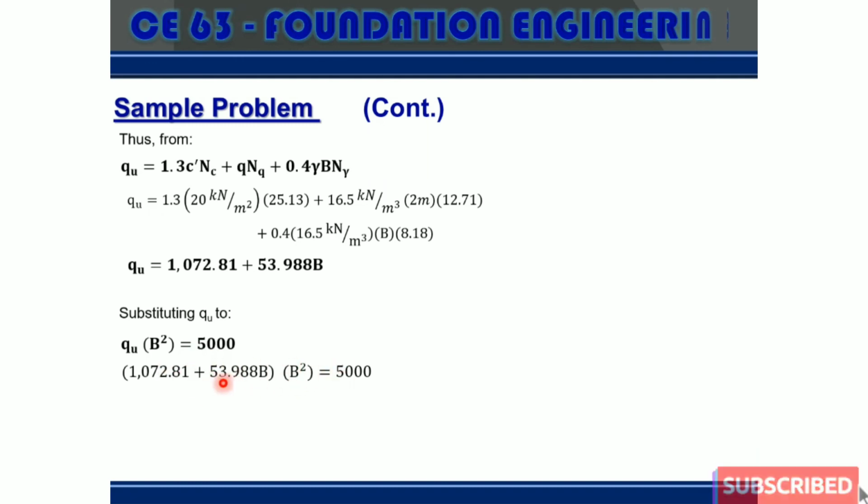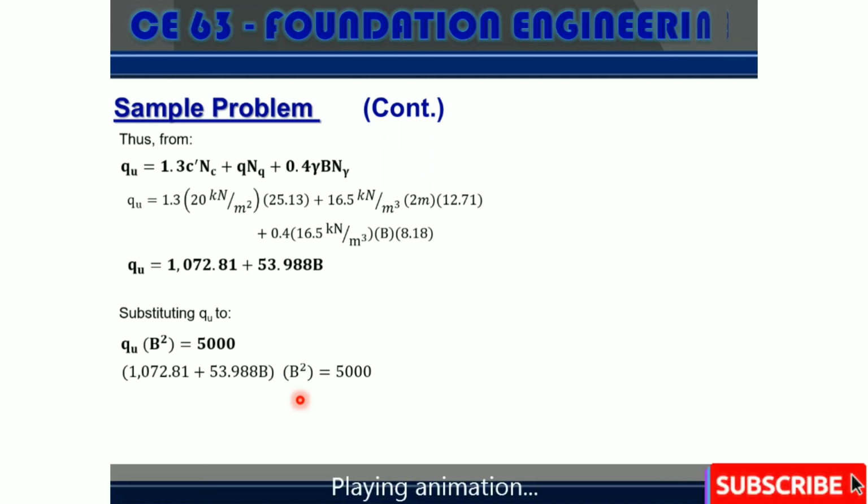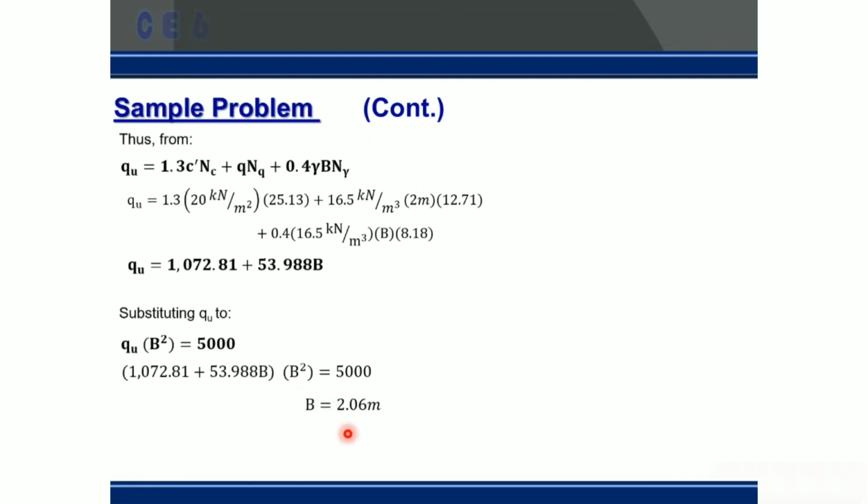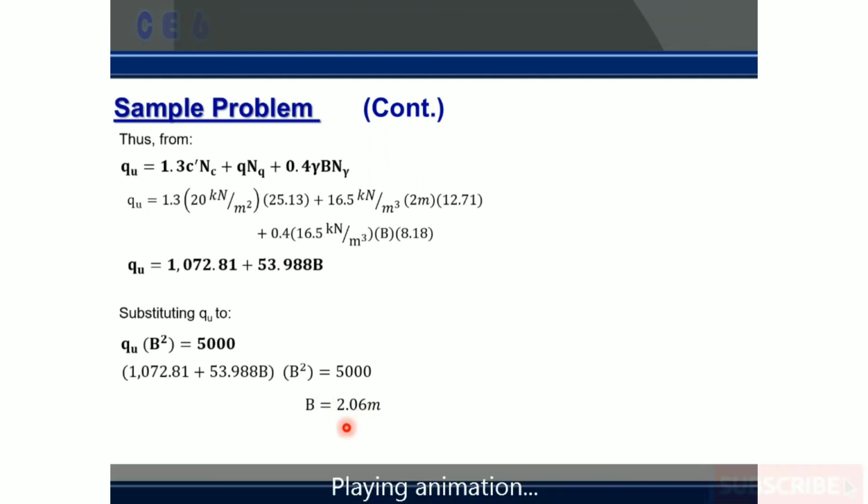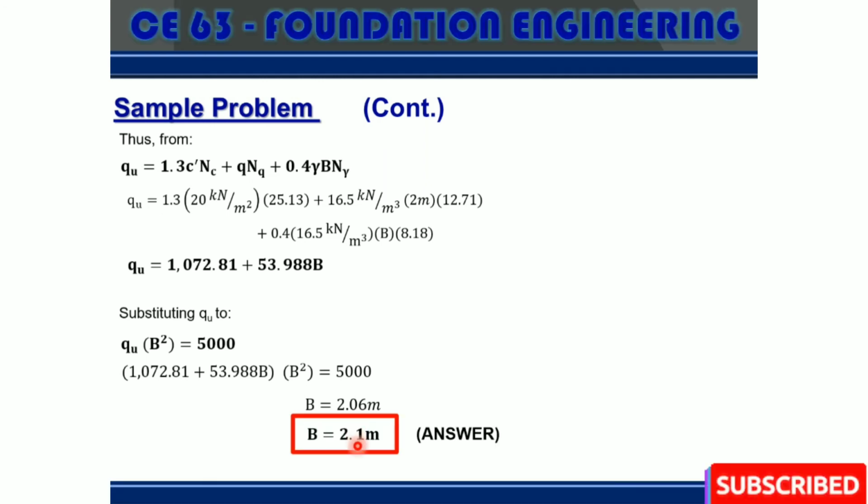If you are going to solve for the value of your B, which is the only unknown variable here, you can also use trial and error, using your scientific calculator. We have now this B equal to 2.06 meters, or we can say that it is equivalent to 2.1 meters.